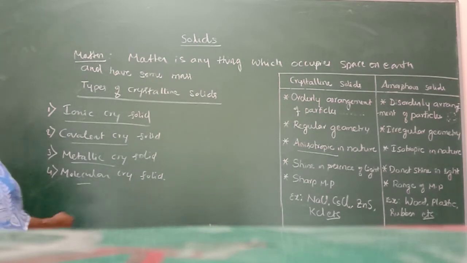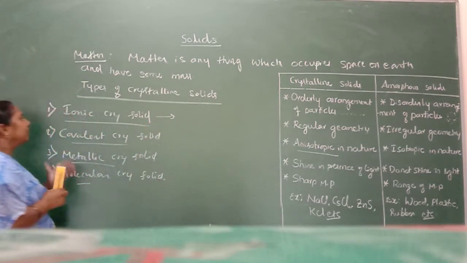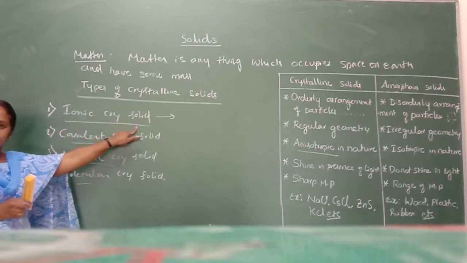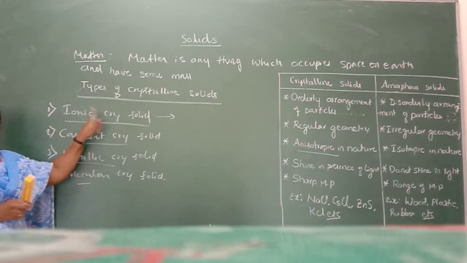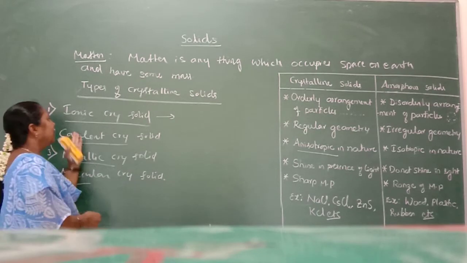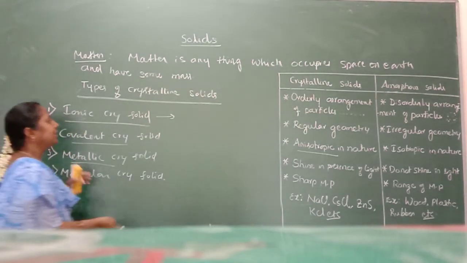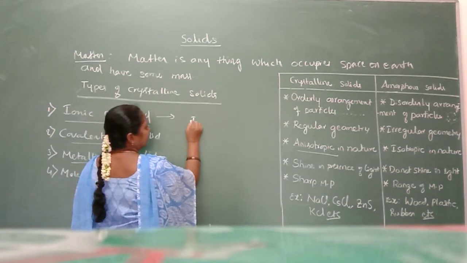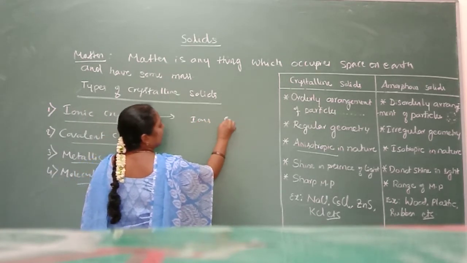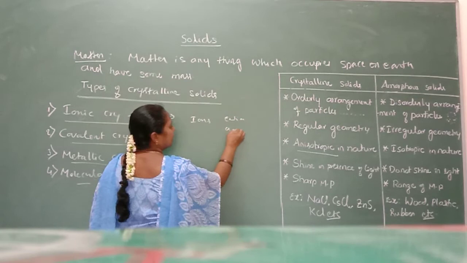First we will go through the ionic crystalline solid. So what is an ionic crystalline solid? This is one type of crystalline solid in which the particles are ions, that is either cations or anions.